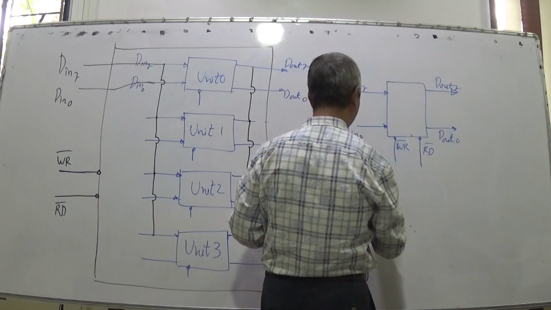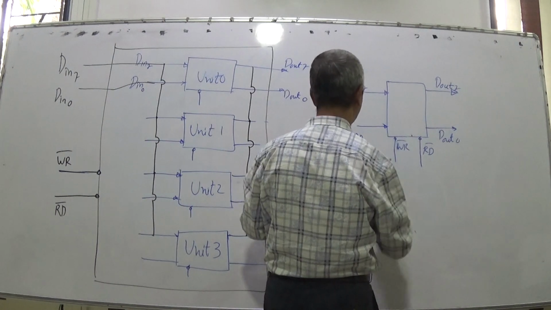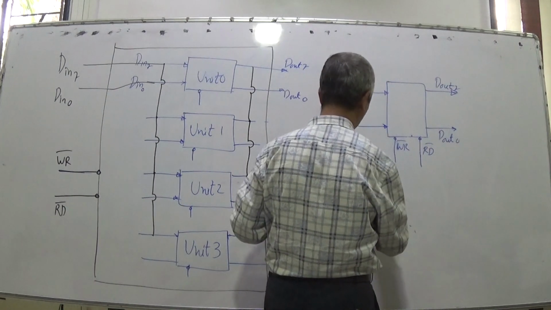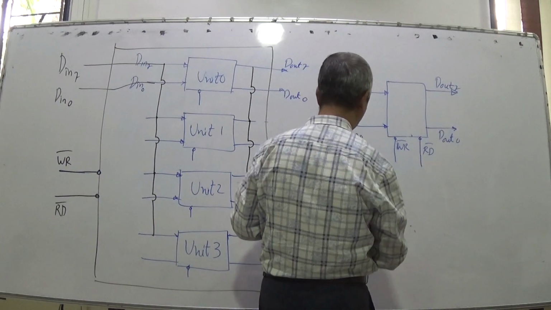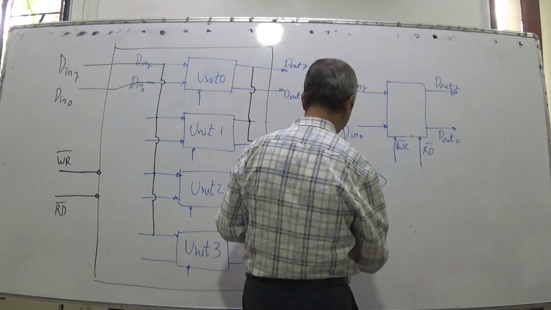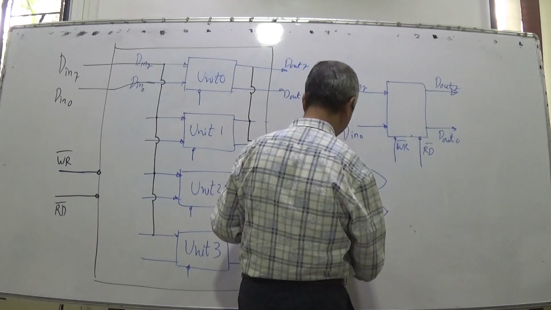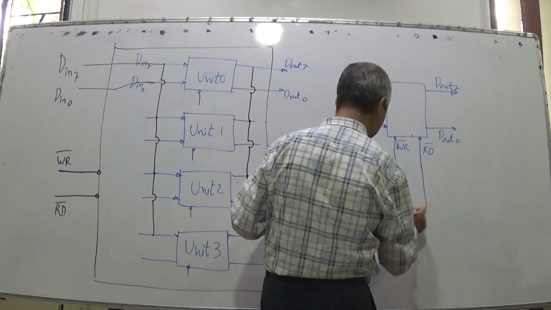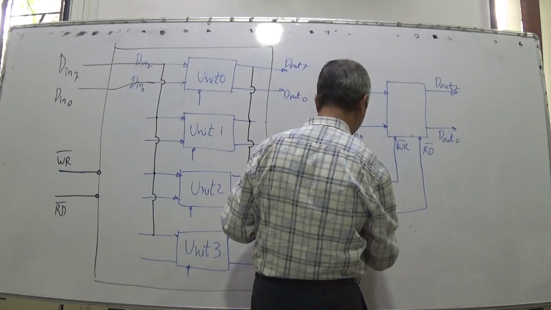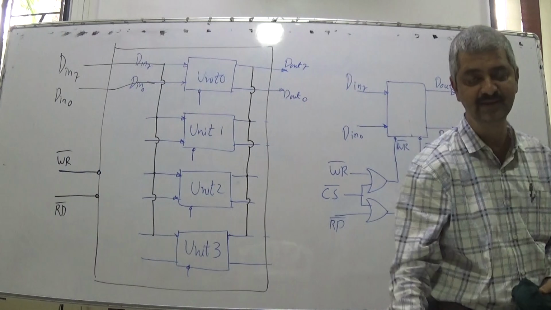What I will do, I will add one OR gate, OR gate you know. I will add one more OR gate here. And this output I will give here, this output I will give here, and I will have one pin called CS bar. So what will happen?